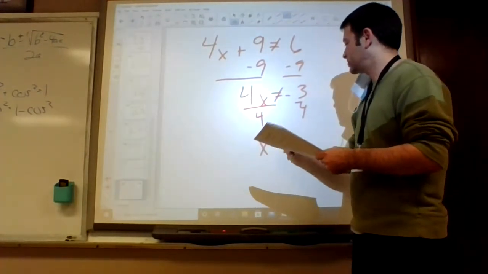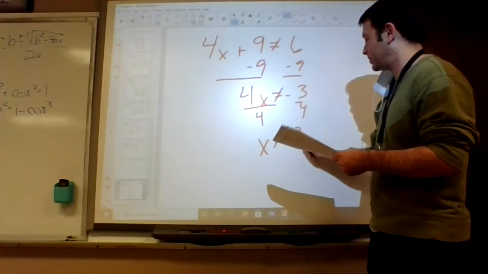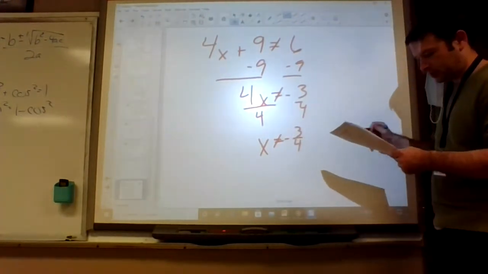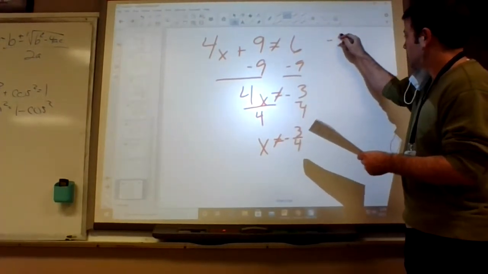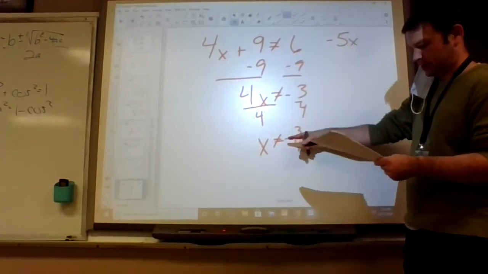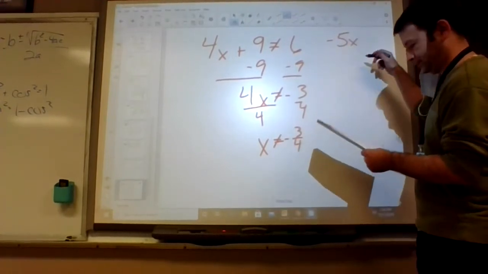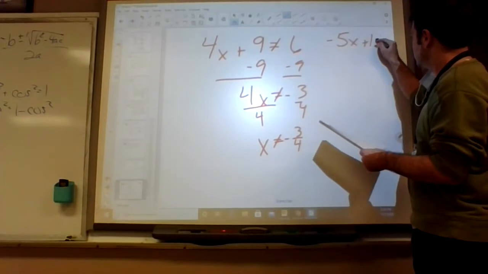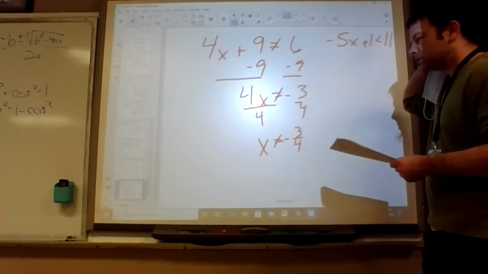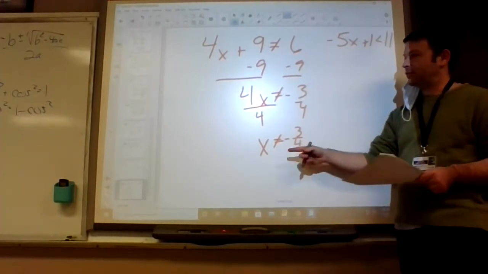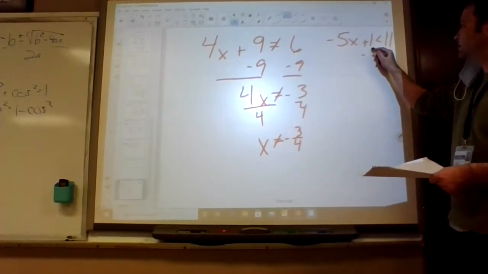X is not equal to negative 3/4. Do you remember how to graph that? You put an open circle at negative 3/4, with arrows going in both directions.